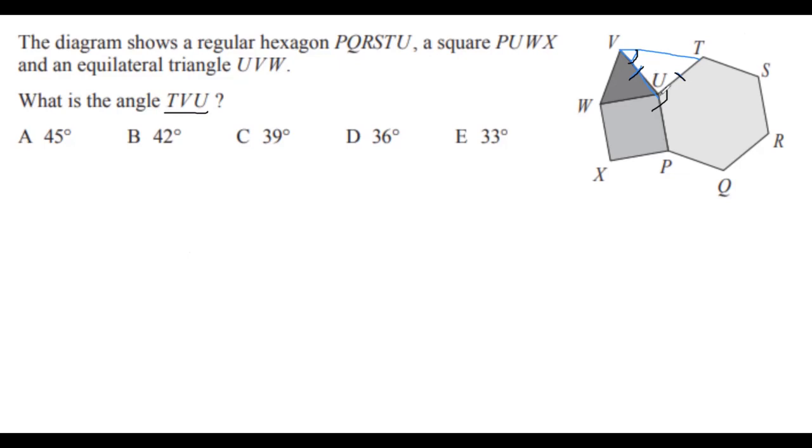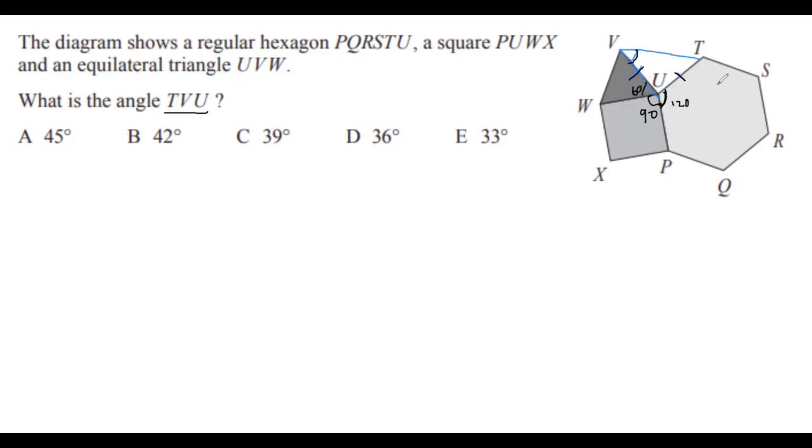Angle PUT is the hexagon angle, not the square. 120 degrees. That's right. This is 120. And as you said before, this angle is 90. And the equilateral triangle, as I said before, it's 60.